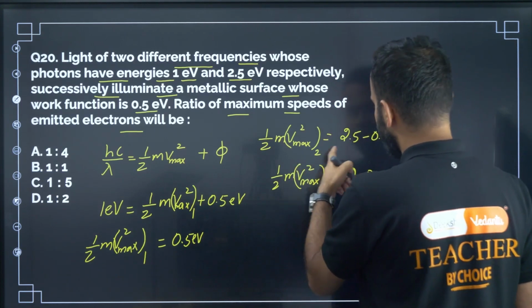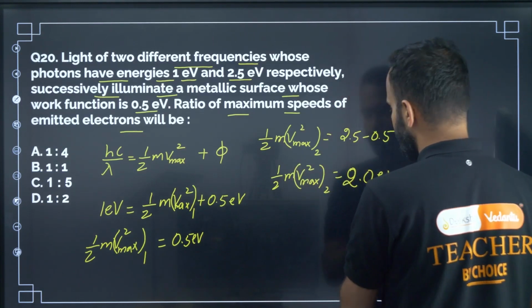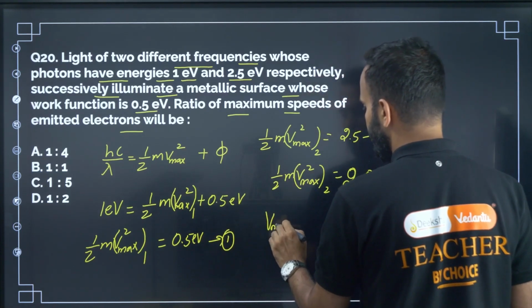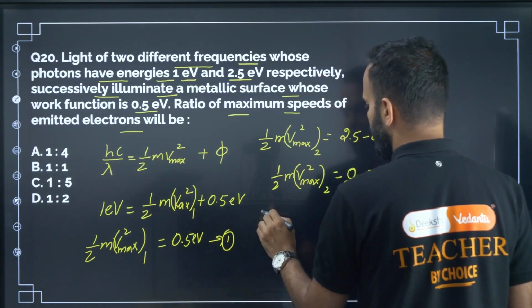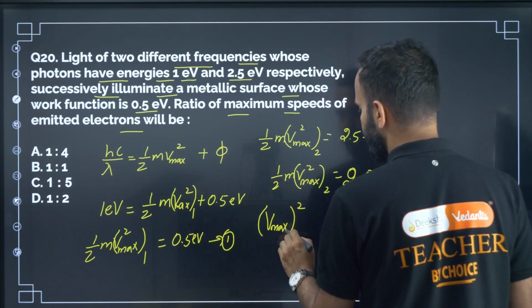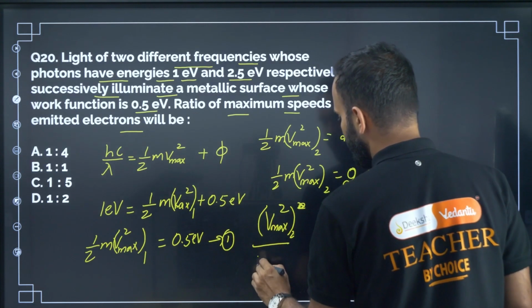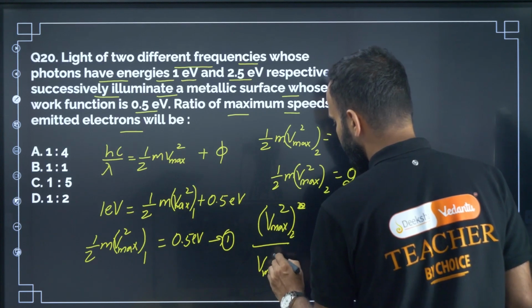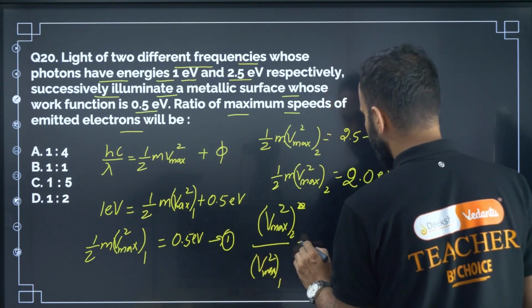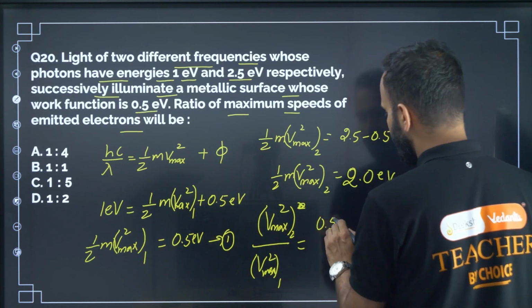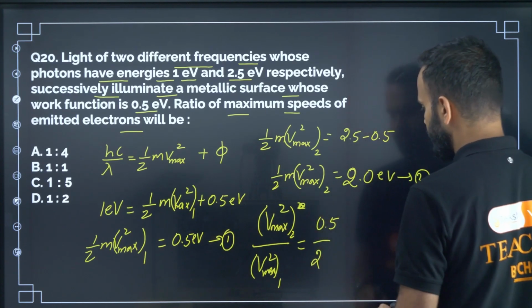Now divide the second equation by the first equation, then you will get v max square 2 divided by v max square 1 is equal to 2 divided by 0.5.